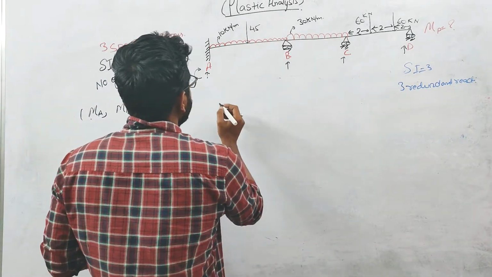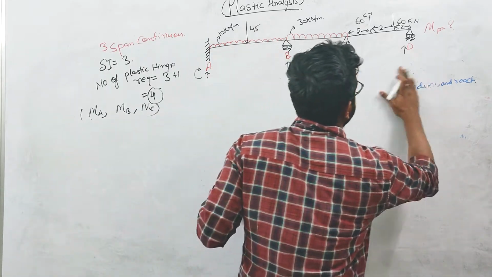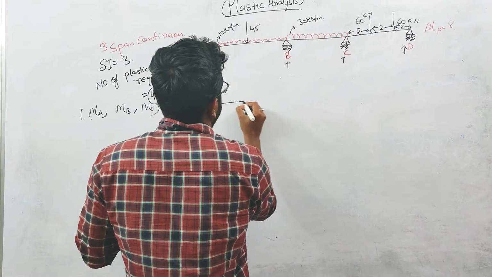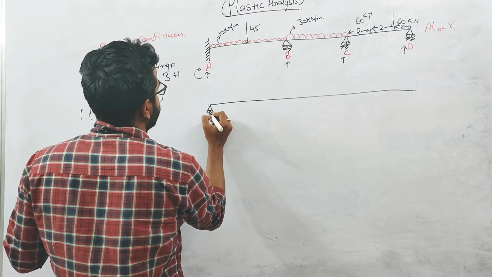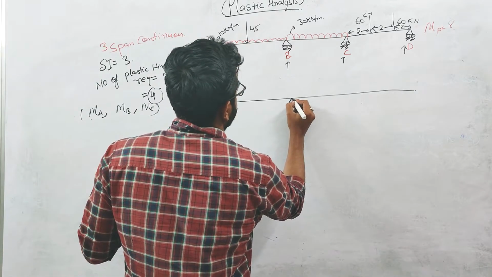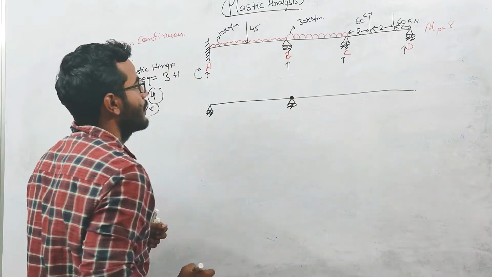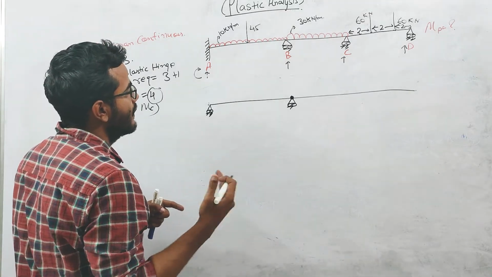So I need to divide this beam into 4 parts. First part, where we have released the redundant reactions. There will be one internal hinge because we are considering MB as redundant, and initially we are removing that redundant force.